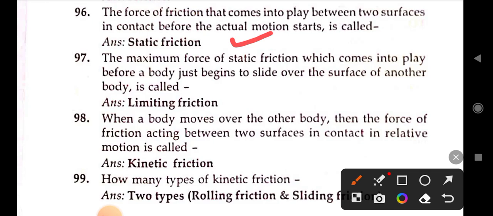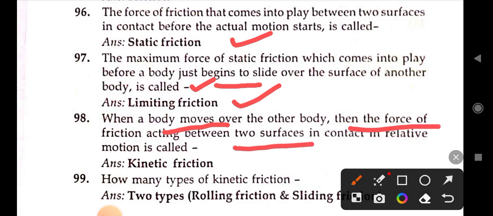The maximum force of static friction which comes into play before a body just begins to slide over the surface of another body is called limiting friction. Next, when a body moves over another body, the force of friction acting between two surfaces in contact in relative motion is called kinetic friction.